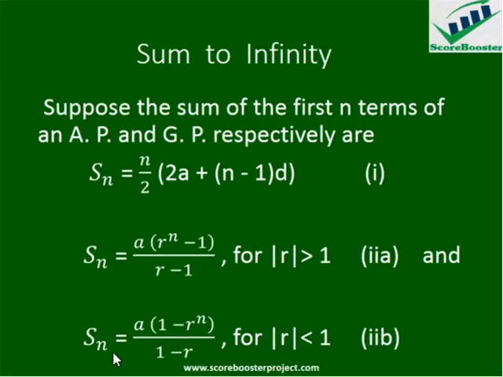So here, when n is 2, we have 2 into 1 minus half raised to power 2 over 1 minus half. If that is evaluated, the value of Sn will be 3, and r raised to power n will be 0.25, which is 1/4.